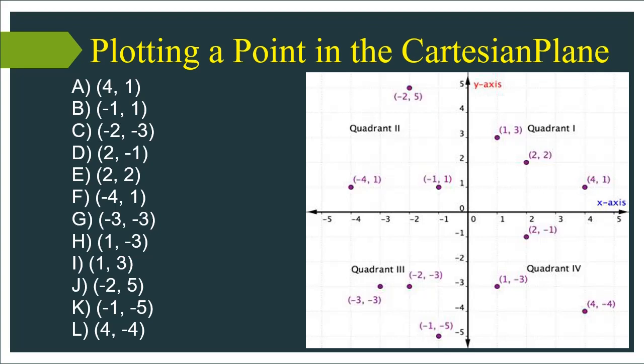Where these two lines meet each other is the required point (4, 1) as shown in the figure. Now, try to locate (-1, 1). (-1, 1) lies in the second quadrant because x is negative and y is positive. So draw perpendicular lines from -1 and 1; where the lines intersect each other is our required point. Now try all other points on your own.